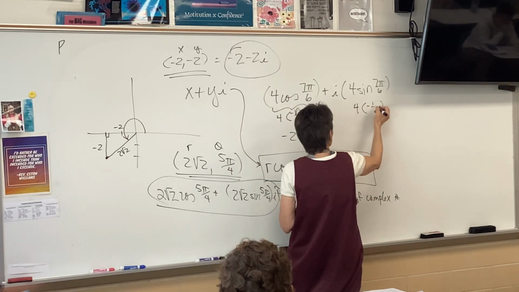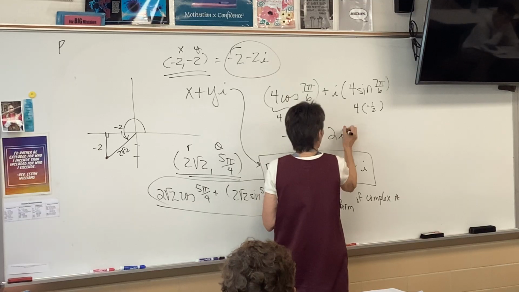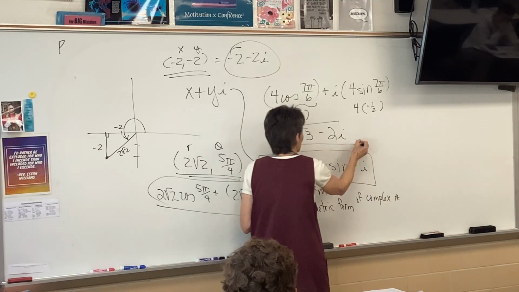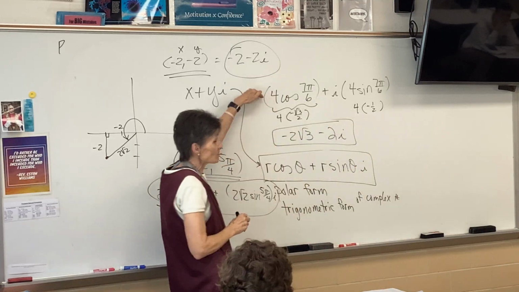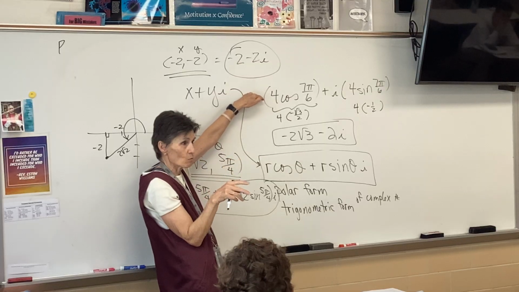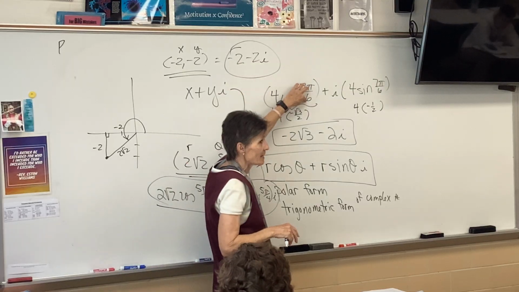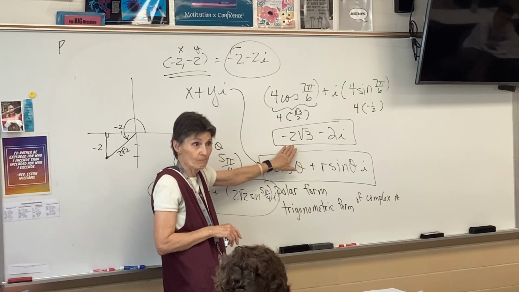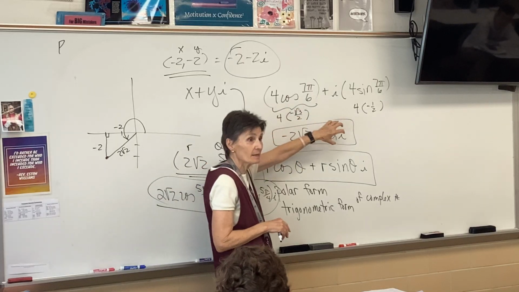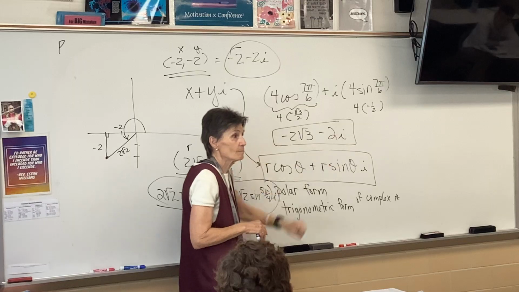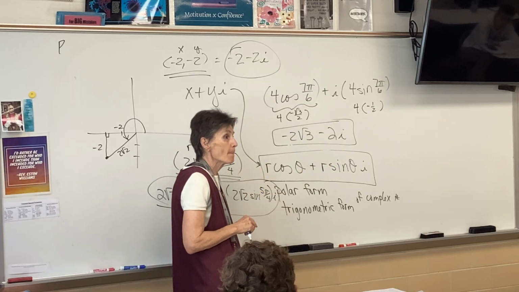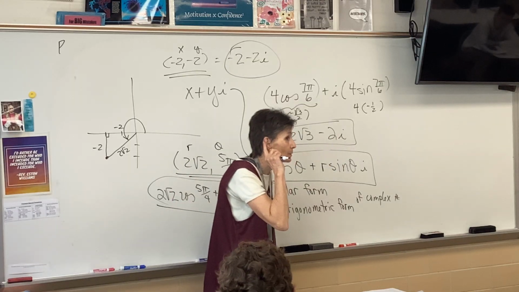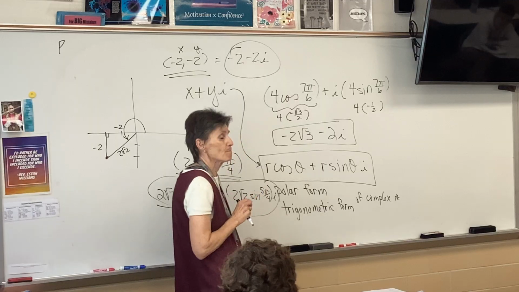Negative 1/2. So minus 2i. So this was the trigonometric form, r and theta. This is the rectangular form, x and y. Do you have to put the 2 in parentheses? No.